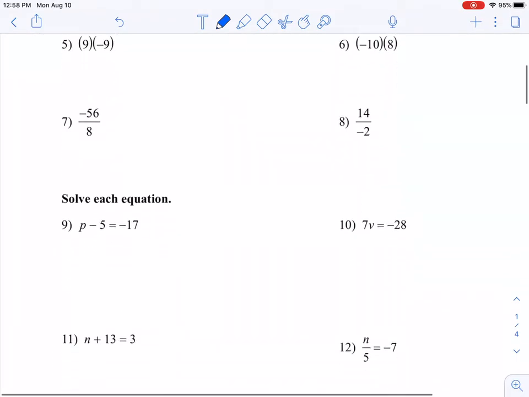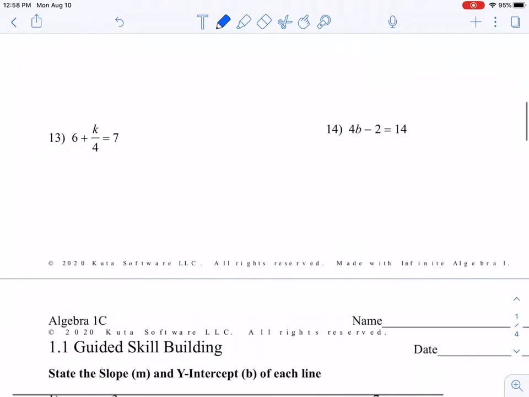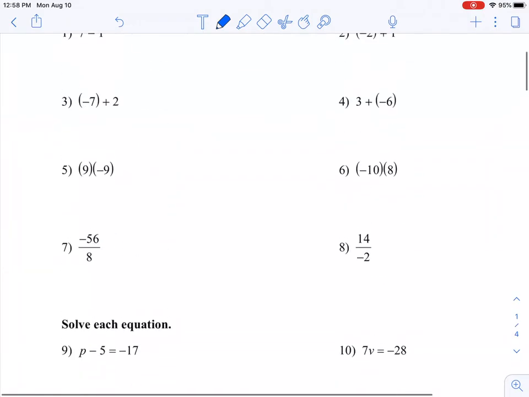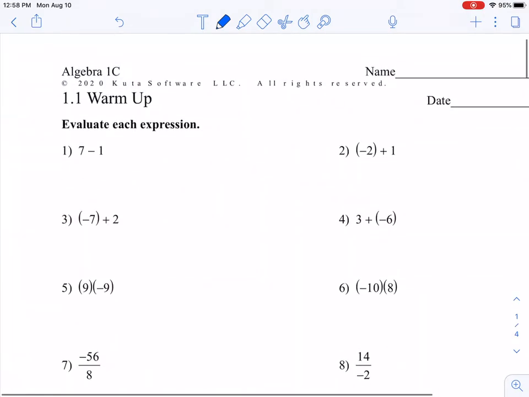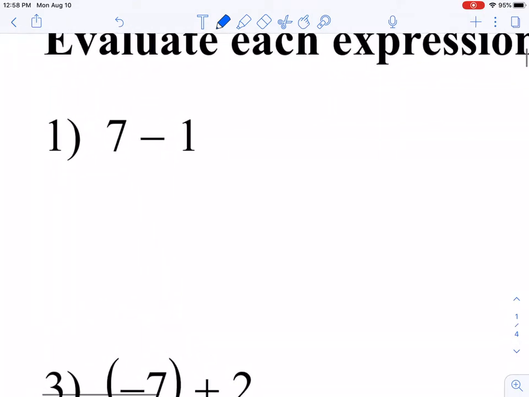Then we're going to solve some equations, and then we'll get into the lesson. So the idea behind a warm-up is that you are seeing and practicing consistently over time the rules and skills that you need, and that will keep them fresh and you'll be sharp at them.